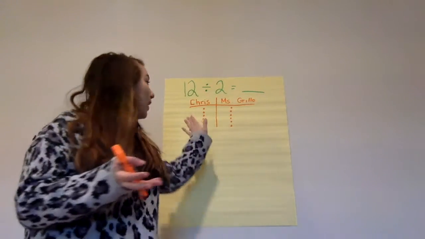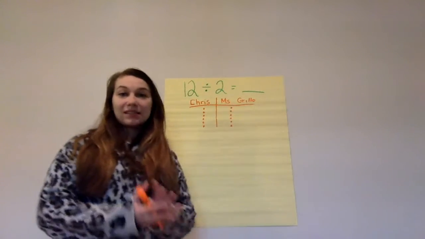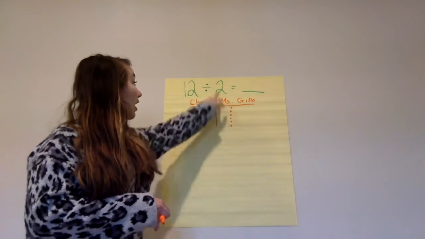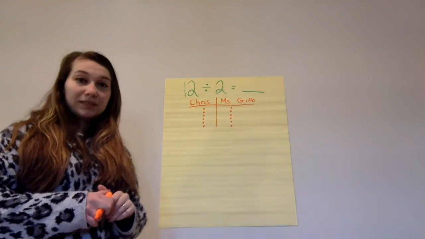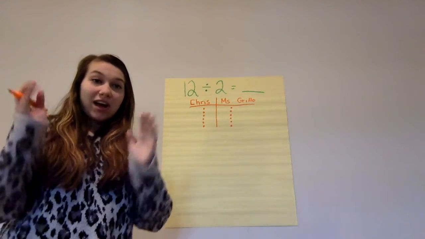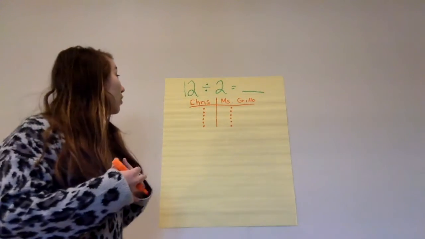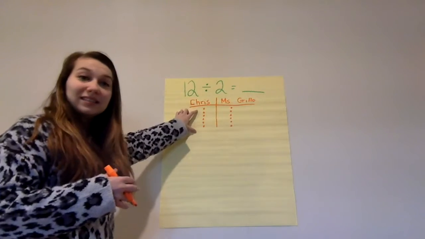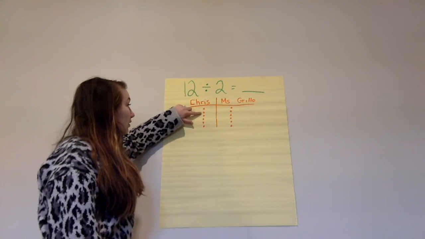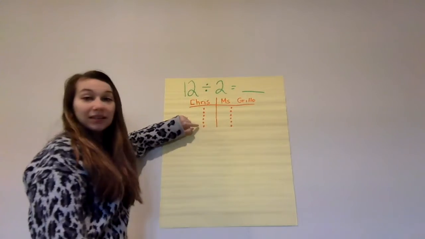So we have 12 here, but the next question is, how are we going to figure out what the answer is? Well, we have 12 total, and they're divided into 2 groups. So we have to figure out how many cookies are in each group. So I'm going to have to count my cookies in one group. So count with me. 1, 2, 3, 4, 5, 6.